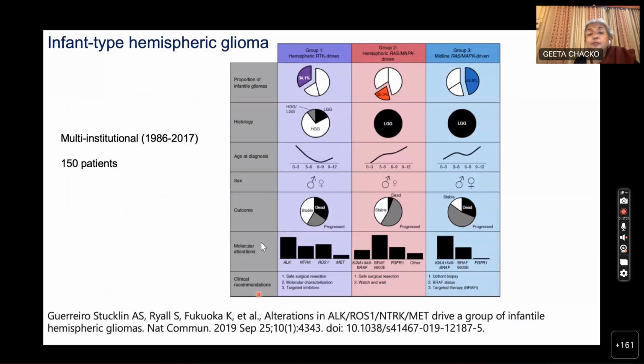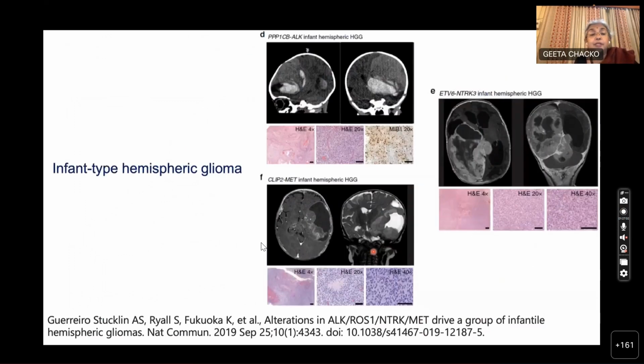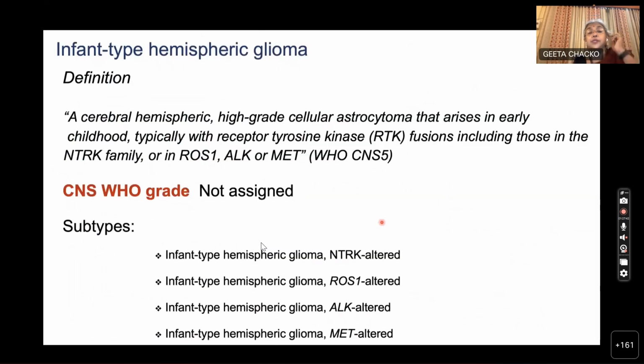The infant-type hemispheric gliomas occur in infants, and here there are three subgroups of these tumors. Most of them show these alterations. Here you can see that they're fairly large tumors. I've taken this from a publication of infant-type tumors, a large series. What you see in these tumors are high-grade tumors.